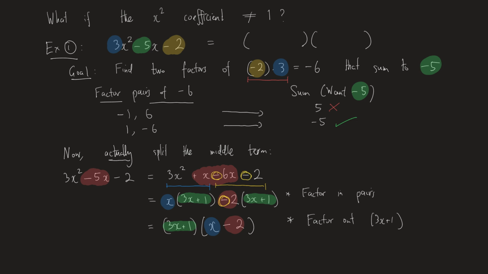But notice if I hadn't done that, this 3x plus 1 would actually be negative 3x minus 1, which would cause some problems when I try to pull out this common factor of 3x plus 1. So if you get to this very late stage in the game and stuff is not quite working out for you, check that minus sign right there, because that can trip people up. If it all looks fine, I'd return up here to our factor pair calculation. Make sure we've found the right factor pair. If that all looks good, make sure we've extracted the correct 3 numbers from our quadratic in the first place.